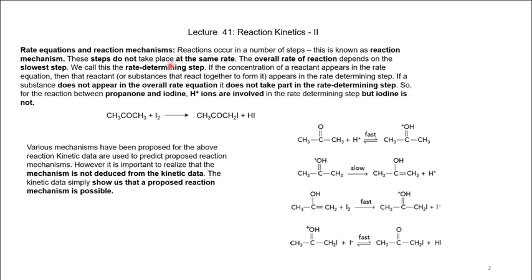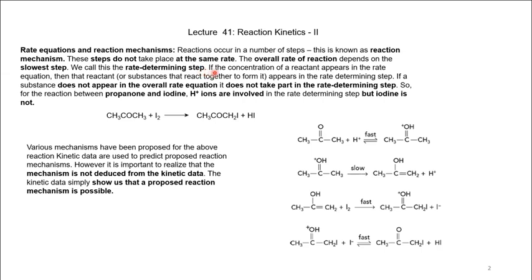These steps do not take place at the same time. The reaction may be finished in a few steps. The overall reaction rate depends on the slowest step of those reaction steps, and that slowest step we call the rate determining step.